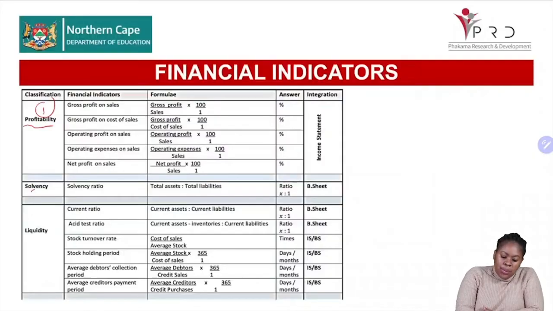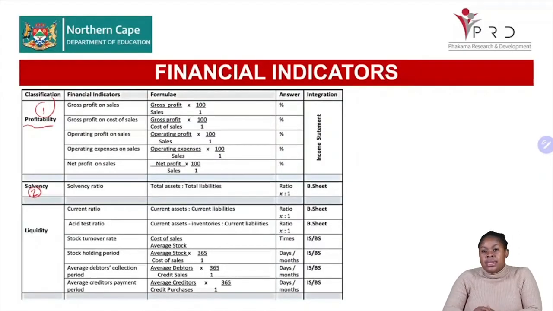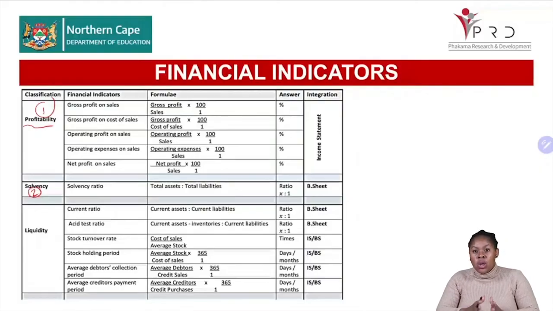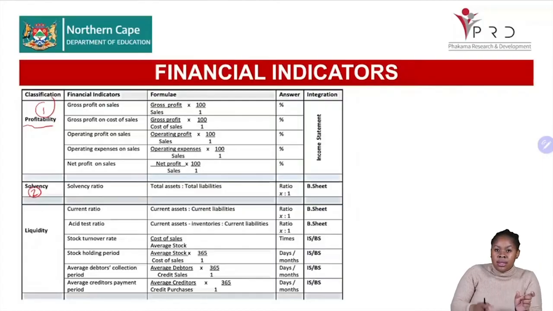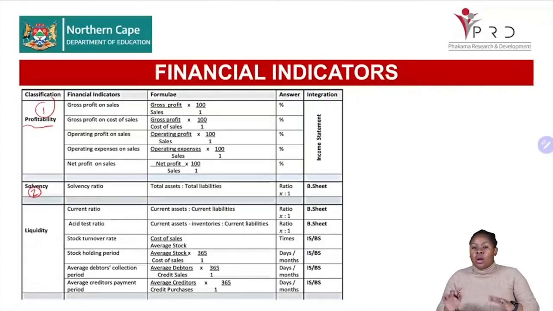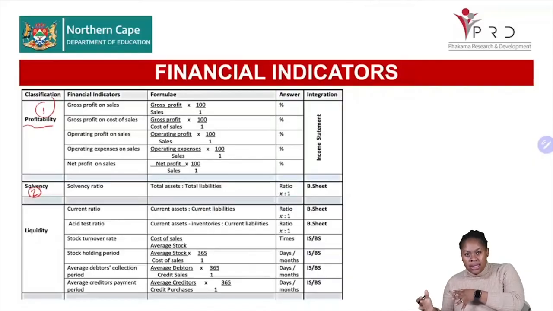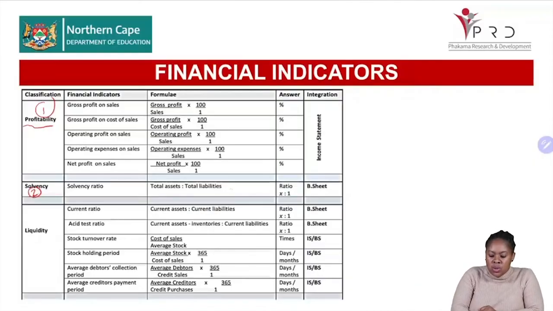The second group is the solvency. The solvency is the big brother of the current ratio. So what does that mean? It means that the current ratio says current assets to current liability. So solvency is bigger. So we are dealing with total assets to total liabilities. So that is the story there.